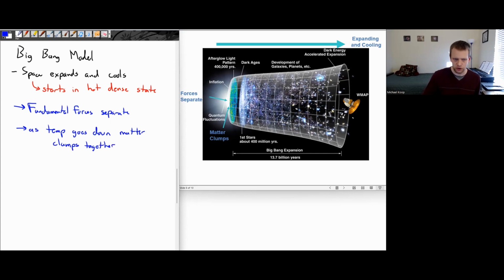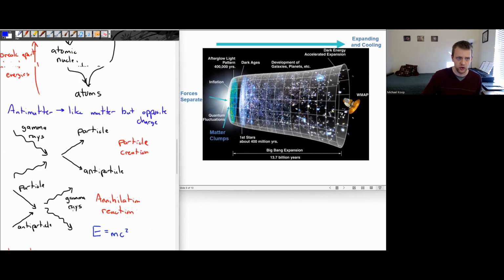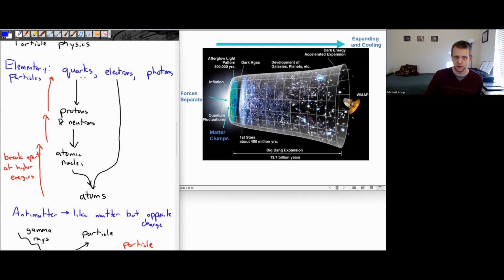And that matter clumping together is going to pretty much follow this pattern of particle physics. As matter clumps together, the quarks are going to start to come together to form protons and neutrons. Then there's going to be a time when the protons and neutrons are starting to form the first atomic nuclei. Then a certain amount of time after that, atomic nuclei are finally going to be able to capture electrons and start forming atoms.